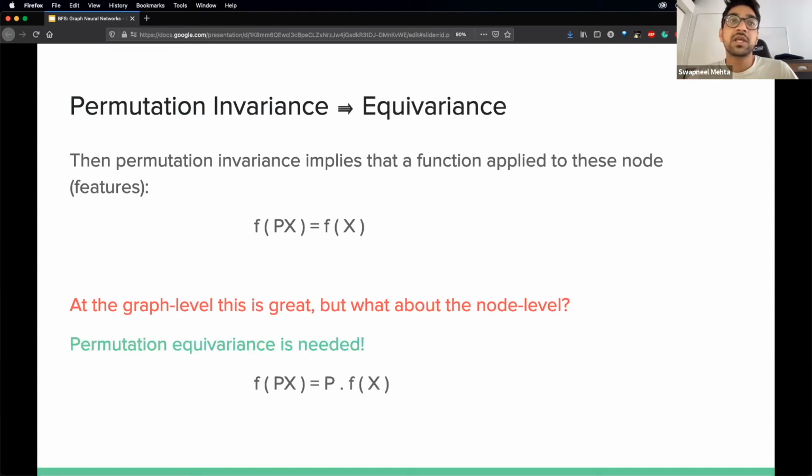Well, we need something called permutation equivariance, which means a function applied to a permutation of X is the same as a permutation of a function applied to X. And again, take a minute to think about this. What you're saying is the function itself does not reorder the nodes. The function maintains the order. So whether you apply permutation before or after, it is the same.